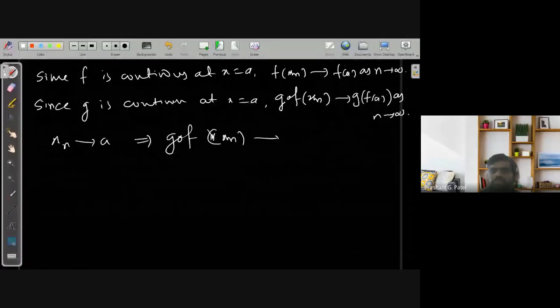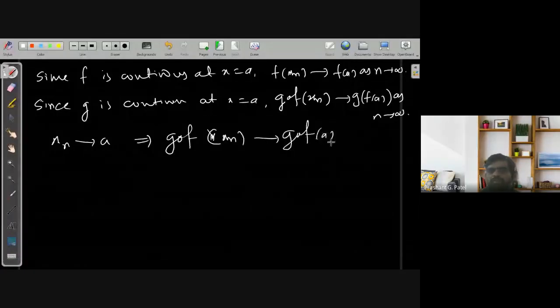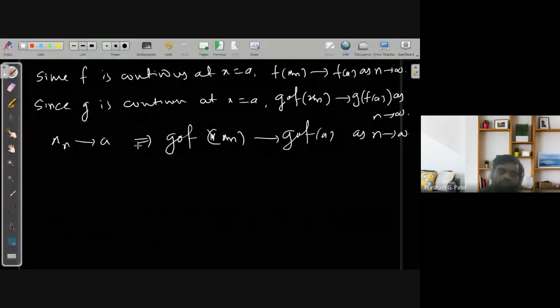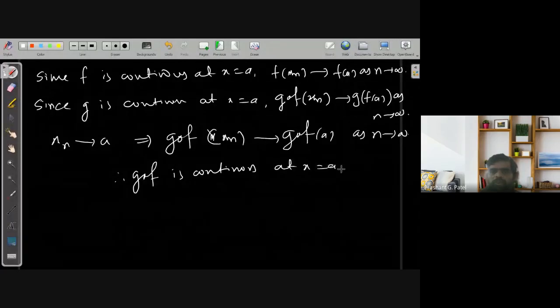That means the composition of two continuous functions is continuous. Therefore, g o f is continuous at x is equal to a.